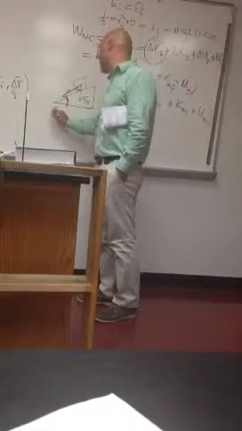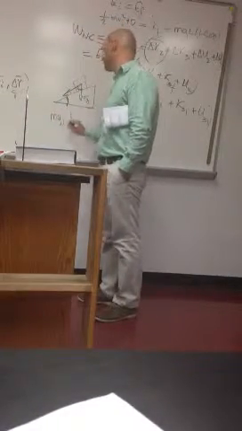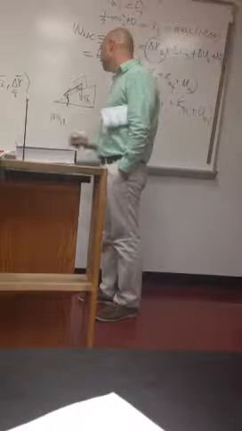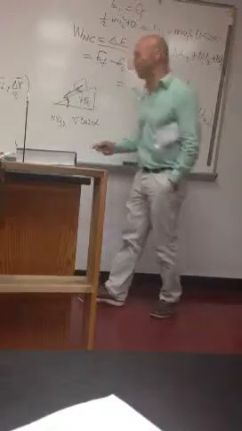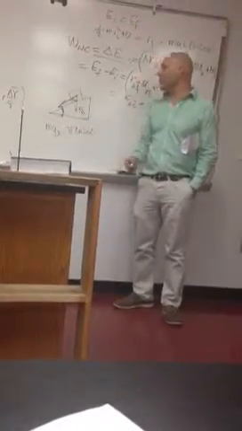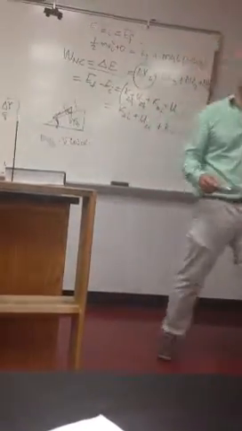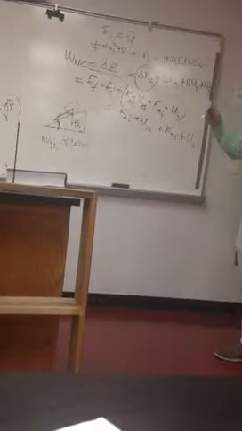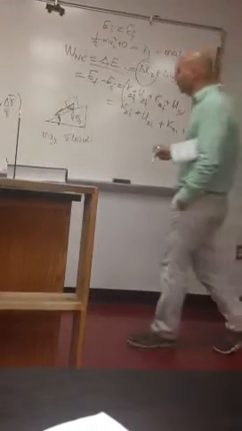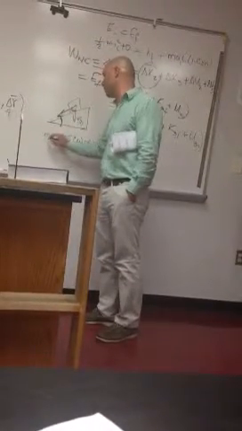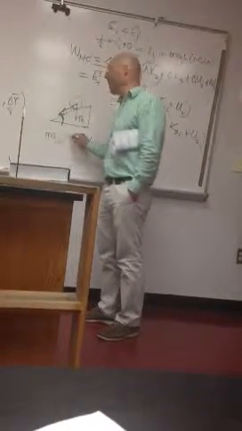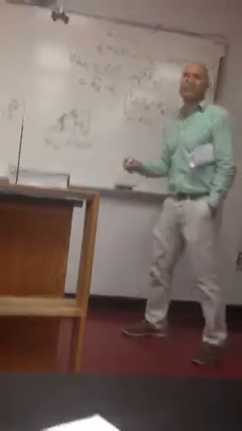mgx, I will use mgx times the velocity times cosine of the angle alpha between mgx and the velocity. Is mgx going up or down? Down. If down is my positive direction, what is the angle between mgx and v? 0 degrees.